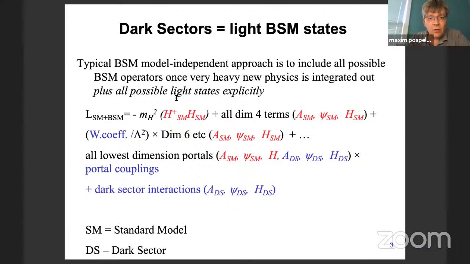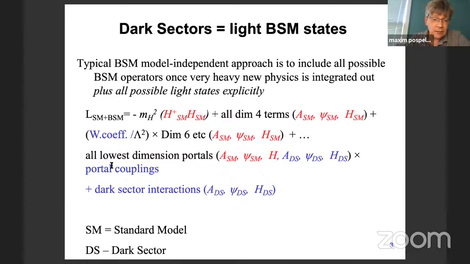However, if we have a new sector that contains in principle light particles, such as Gray just discussed, we would have to add them to our theory explicitly. And here it's done in a generic way, where in blue there are new particles, new light states, lighter than, or at least comparable to, the Standard Model, coupled to the Standard Model fields.